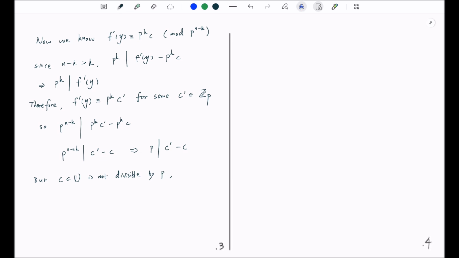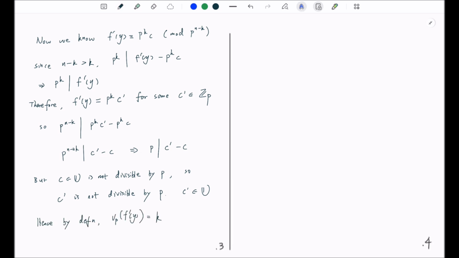So it follows that c prime cannot be divisible by p as well. So c prime is invertible. And therefore, f prime of y can be written as p to the power k times c prime for some c prime, not just any element in Zp, but actually an invertible element. And that by definition means f prime of y has p-adic valuation k.